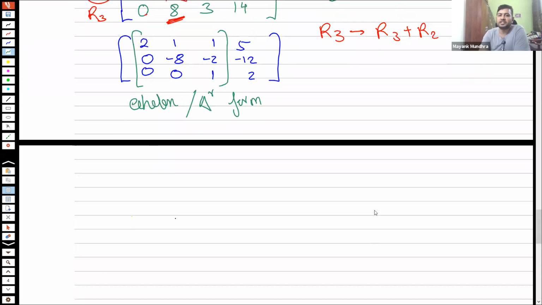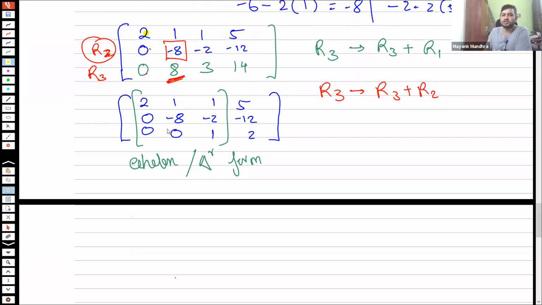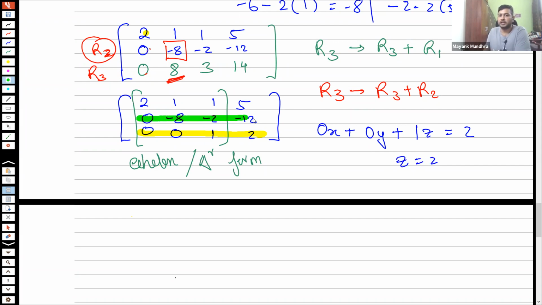Now if you expand this back into equations, the last equation is 0x plus 0y plus 1 times z is equal to 2, which implies z equals 2. The penultimate equation becomes 0 times x minus 8 times y minus 2 times z is equal to minus 12, in which you can substitute z equals 2.